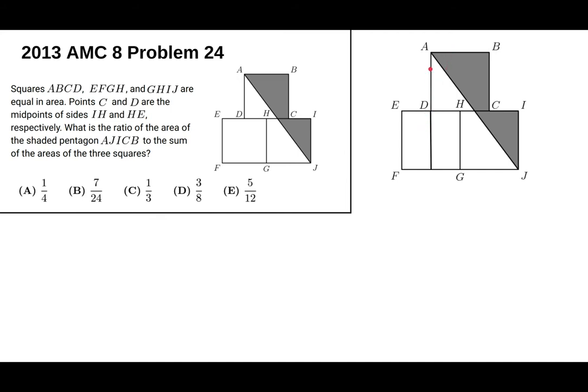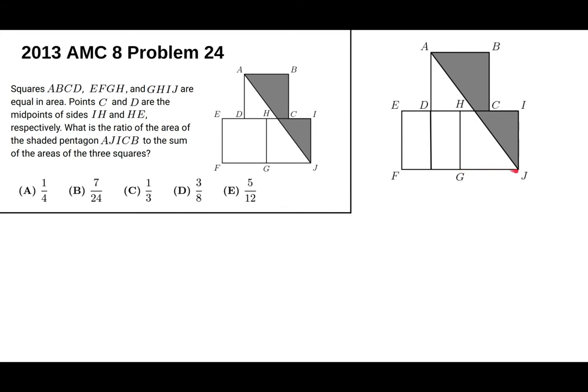So if we continue the line on AD down, we get a triangle with AJ and this vertex over here. Since D and C are the midpoints of EH and HI, this vertex is the midpoint of FG. And assuming that FG is 1, then the vertex to G is 0.5.